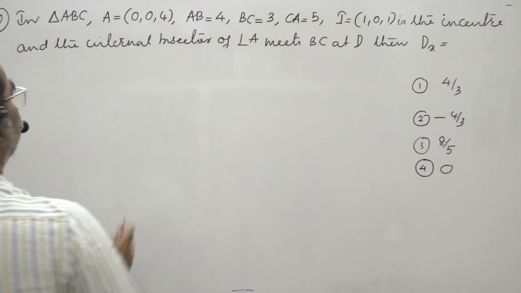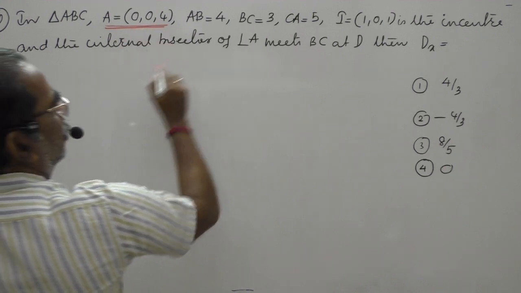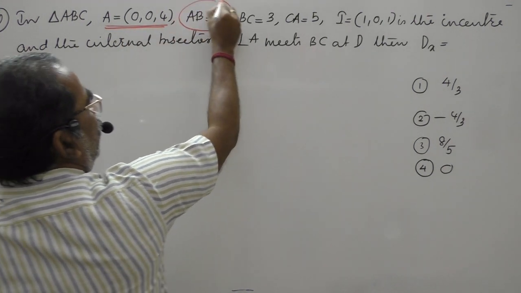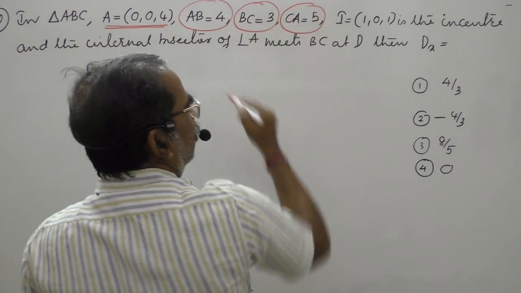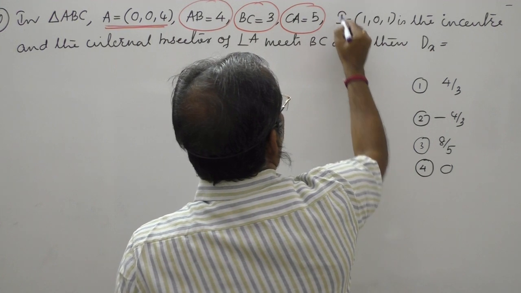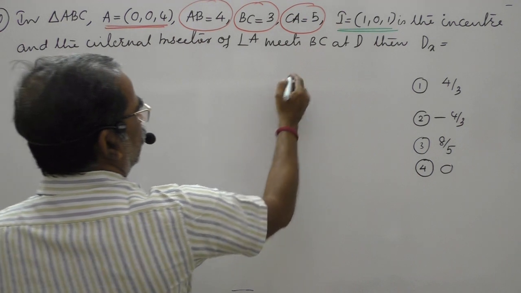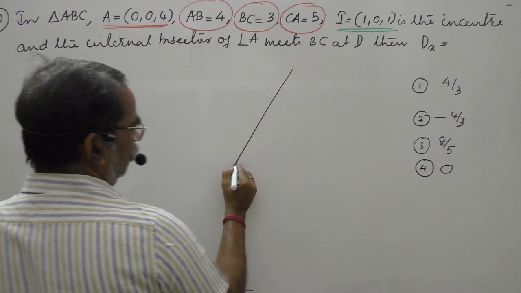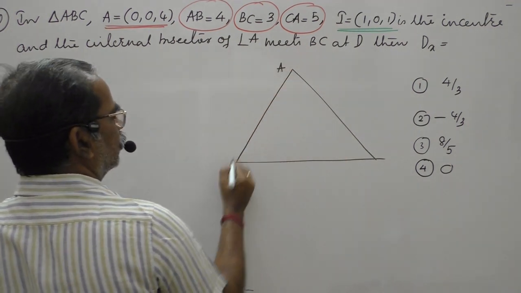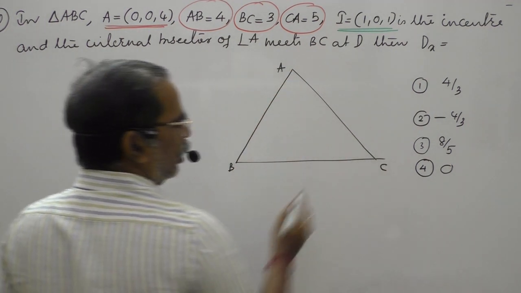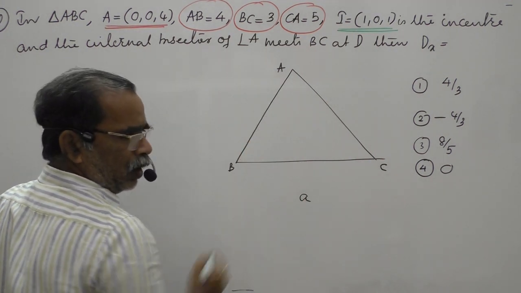See, next question. In a triangle ABC, only vertex A is given and the sides are given. AB is of length 4, BC side 3, CA side 5, and incenter is given as 1, 0, 1. If I take the figure, say this is triangle ABC. Generally we denote the length of the side opposite to A by small a.